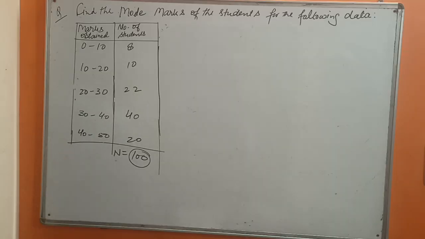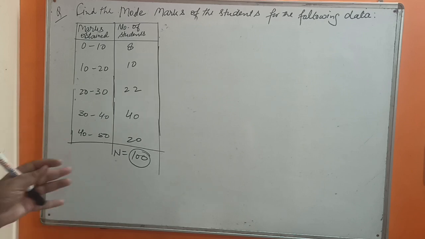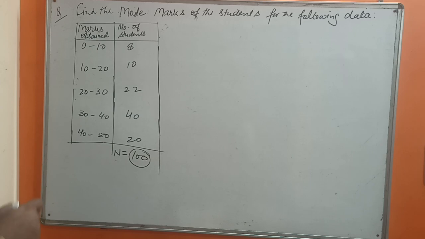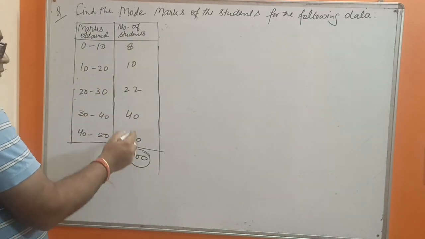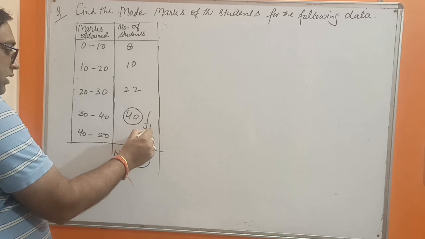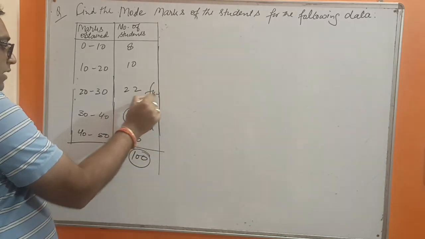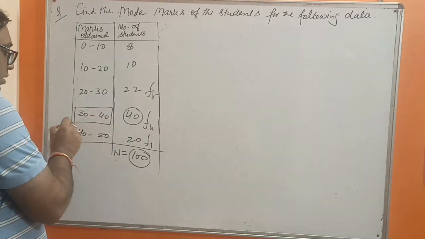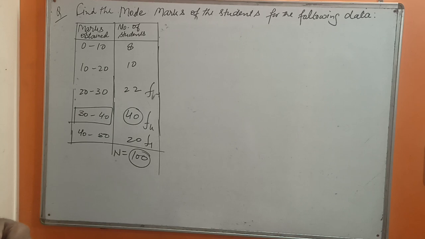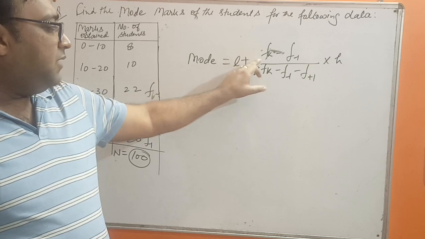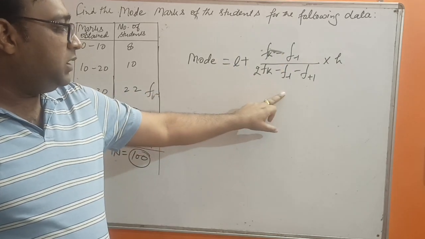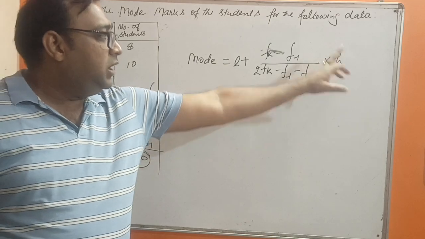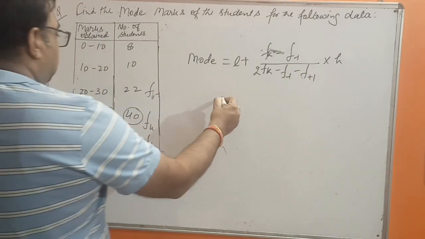So in case of mode, we have to identify the data at which the maximum frequency is given. So the maximum frequency from this data is 40. So this is the Fk, this is F minus 1, this is F1, and these are the lower and upper limits for the frequency class. And the formula to get the mode is: mode equals L plus (Fk minus F minus 1) upon (2Fk minus F minus 1 minus F1) into H. So put all the data there.